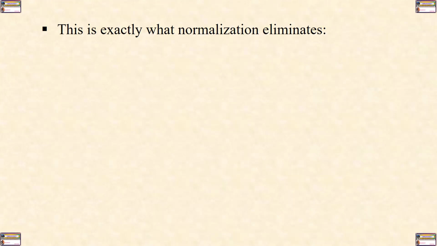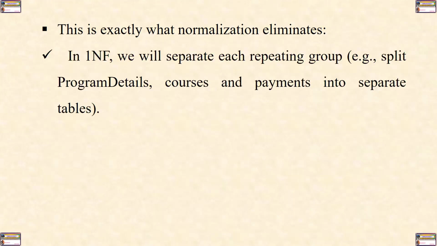Why? So that we can eliminate the repetitions. In the first normal form, as we are going to see, we are going to separate each repeating group, or split the data. For example, in the program details field, the courses and the payments. So we are going to separate that data.